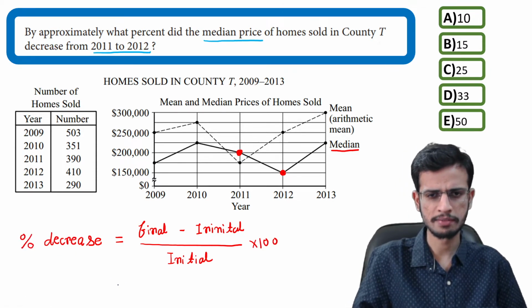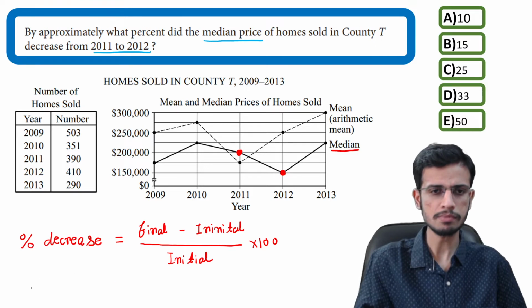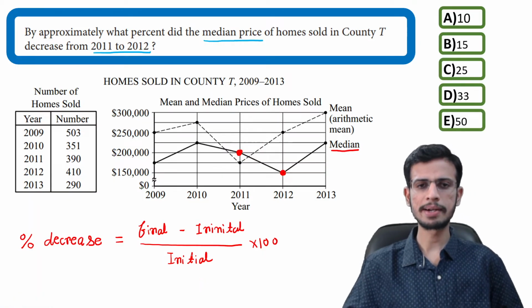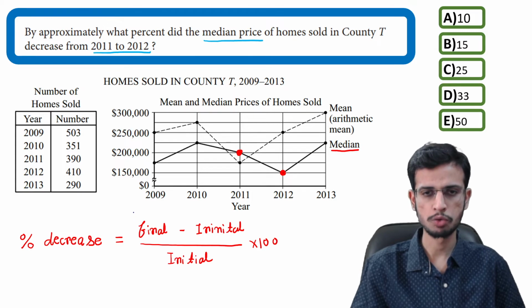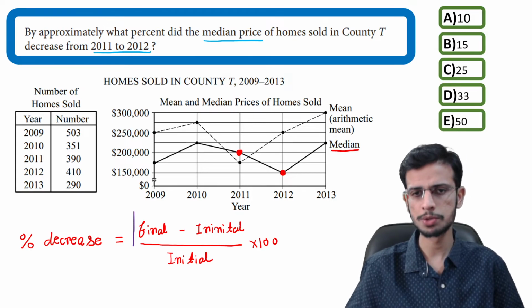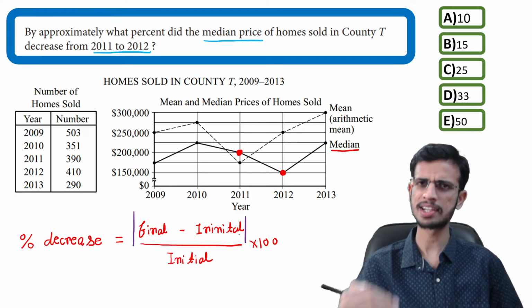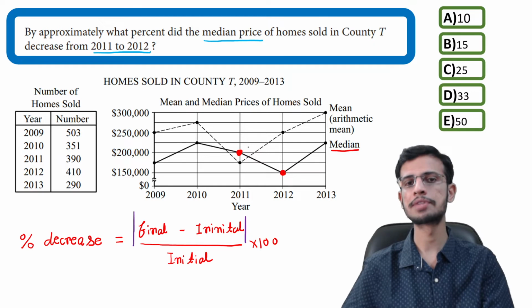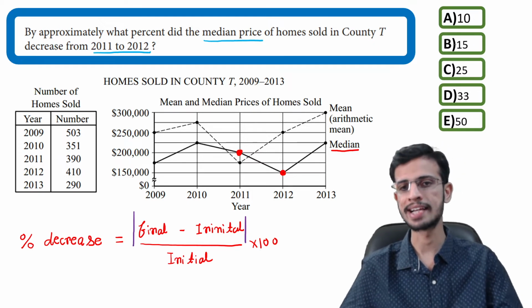We just have to put the values. I'm writing the answer over here. Percentage decrement: since it is a decrement, you take the mod, because final minus initial will be a negative value, or you can take initial minus final. Percentage can't be negative, and the decrement itself shows the negative sign, so we won't use a negative sign once again.